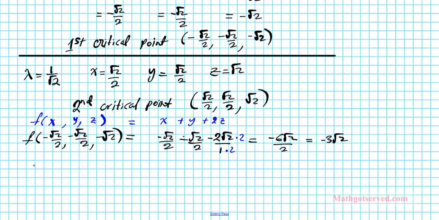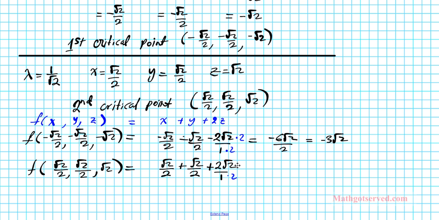And the next thing we want to find is f of the second critical point, root 2 over 2, root 2 over 2, and root 2. Same story, root 2 over 2 plus root 2 over 2 plus double that, 2 root 2. Put this over 1, find the LCD.